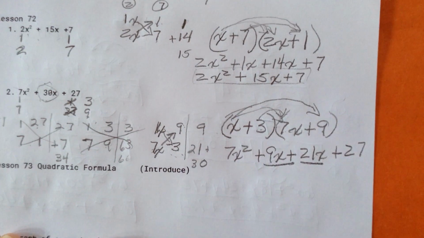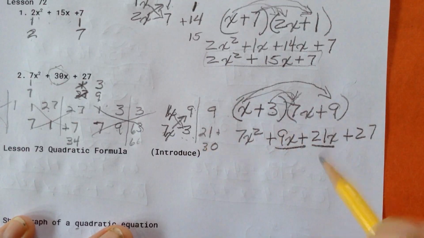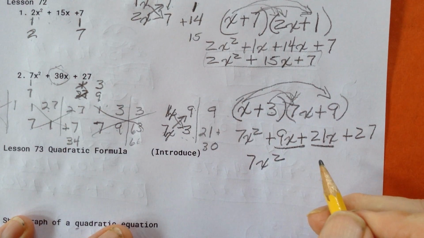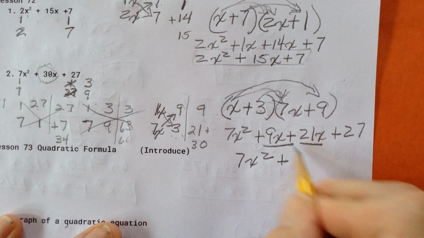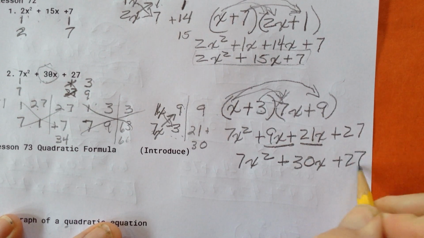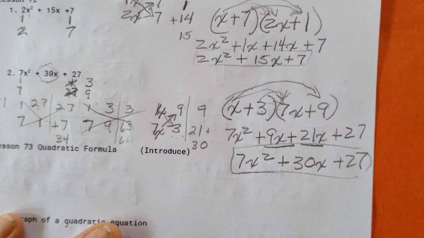And then you add these two together, just like here. So 7x squared plus, that'll be 30x and 27. So yep, I did it correctly. I ended up with the same answer.